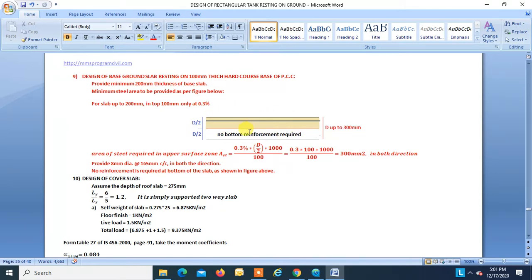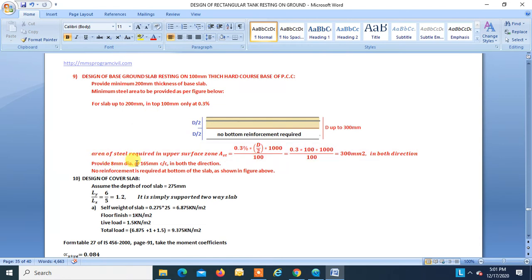That pressure is very small, and by providing minimum steel in both directions, you can easily satisfy the design. So we will provide minimum steel in both directions at the top for the base slab.